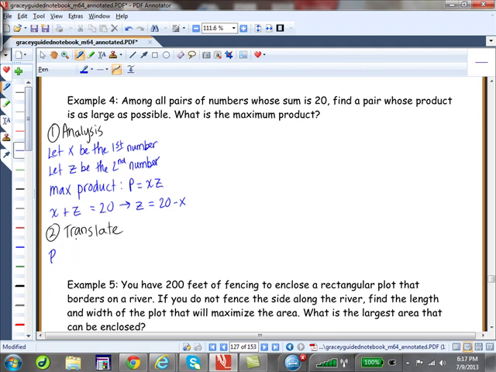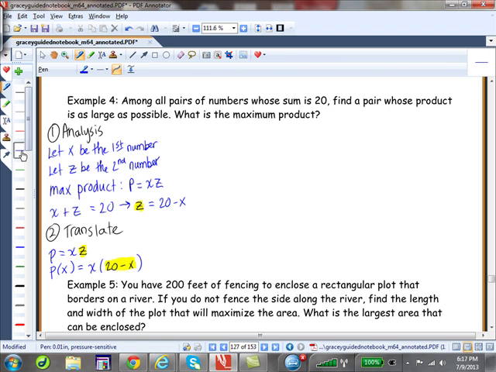Well, first we'll just say P. P, remember, was equal to x times z. Now, if we want to write P just as a function of x, we've got x times, what was z? Good, z was 20 minus x. That's from over here.